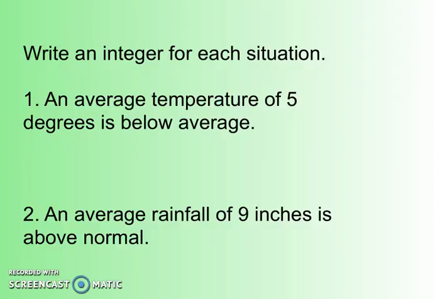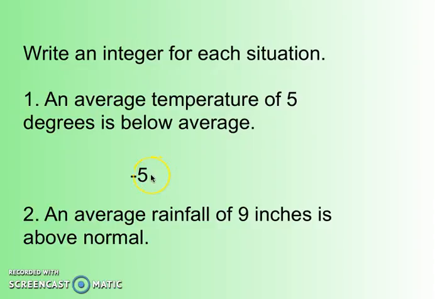When I think of below, I think of Minnesota, when the temperature is below 0, what kind of numbers do you normally see? Yeah, negative numbers. So we're going to create a negative number with 5 degrees below 0. And -5 would show us that the degrees is 5 degrees below average temperature.